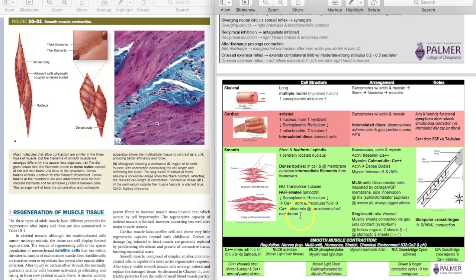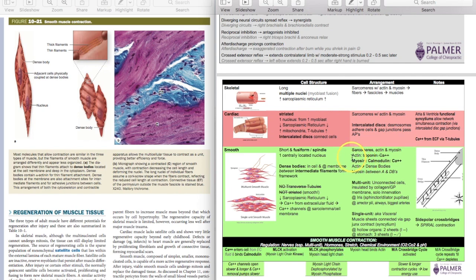All right. More characteristics of smooth muscle: there are no sarcomeres, but you still have actin and myosin. It's just not in the sarcomere arrangement. You do have actin, but you do not have calcium-binding troponin. You have calcium-binding calmodulin, which is associated with myosin.